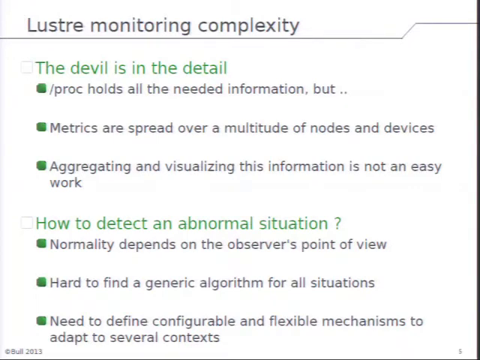Then another problem is that it may be hard to detect an abnormal situation, because abnormality or normality depends on what you expect and on the person who sees the data. For example, you can have your MDS that is overloaded for a few hours, and it can be a normal situation if there are many jobs making metadata, and on the other side it can be seen as abnormal if there is only one job running.